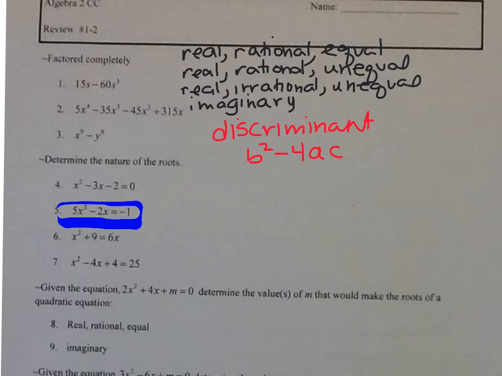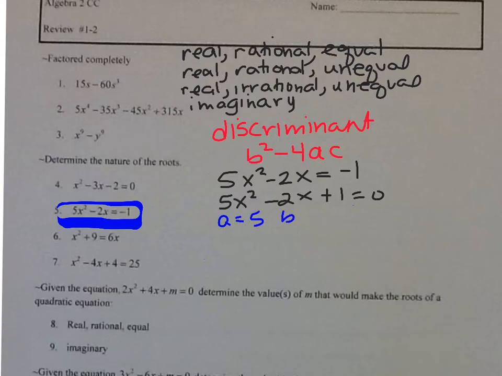When I rewrite this, we're going to get 5x squared minus 2x equals negative 1. I have to get it to equal 0, so I have to add the 1 over. So it's 5x squared minus 2x plus 1 equals 0. All right, the A is 5, B is negative 2, C is equal to 1.